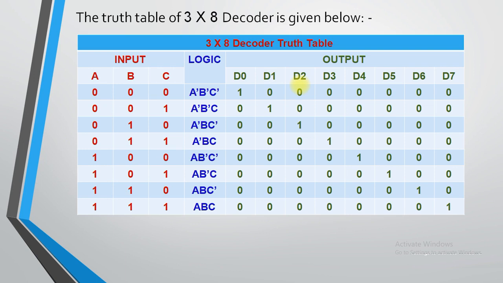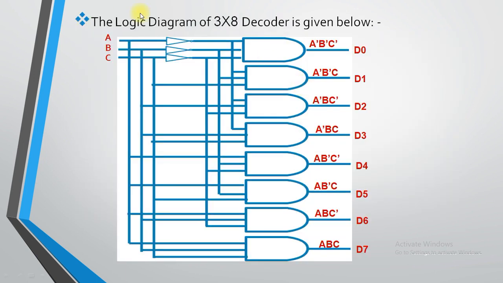To draw it, you need to have 8 AND gates over here. See, 1, 2, 3, 4, 5, 6, 7, 8.